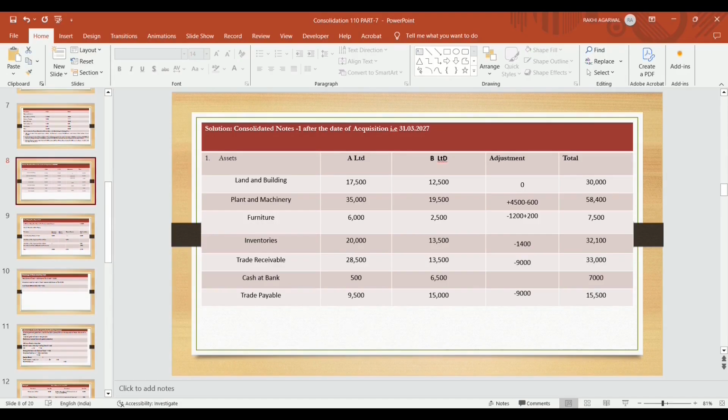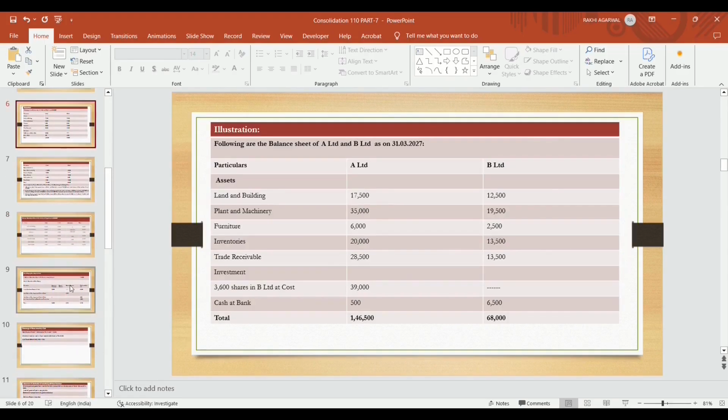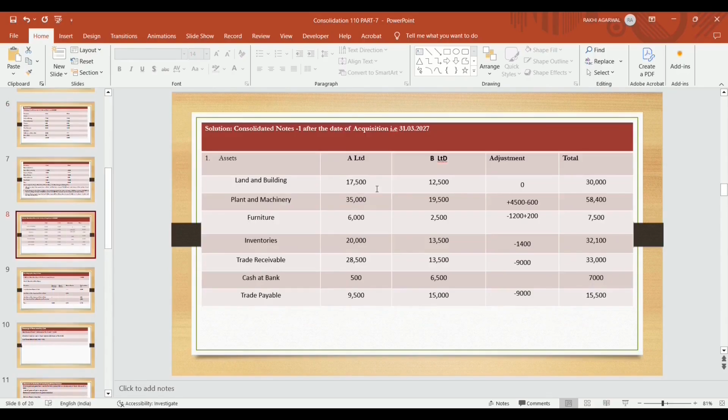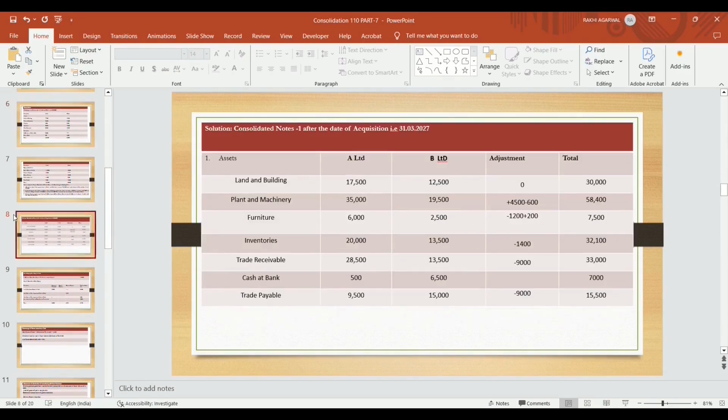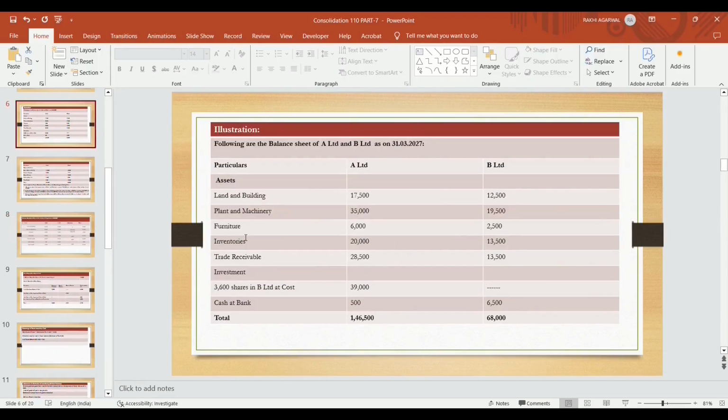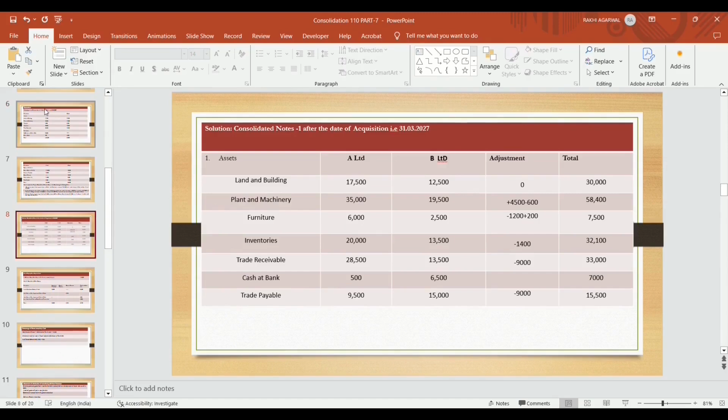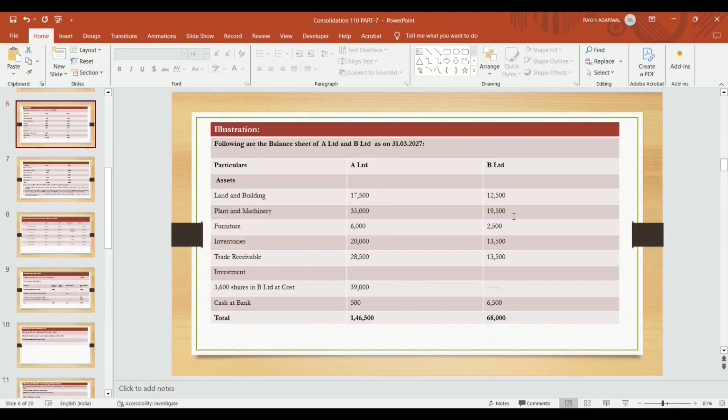So land and building given in the question, that is of A Limited 17,500, so it becomes 17,500. Of B Limited 12,500, so it becomes 12,500. Plant and machineries of A Limited is 35,000, so it becomes 35,000. Of B Limited it becomes 19,500.